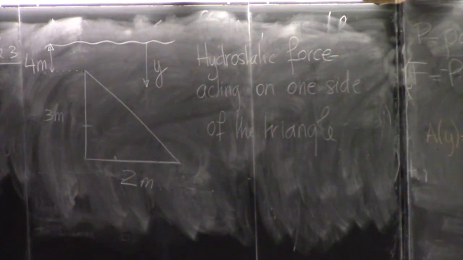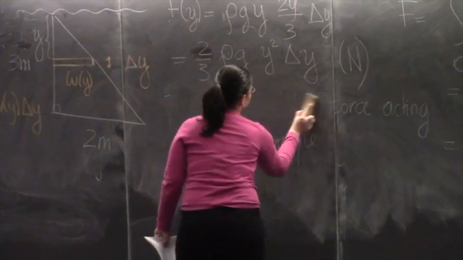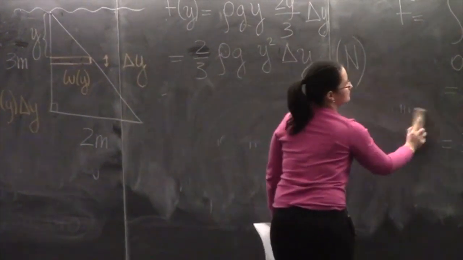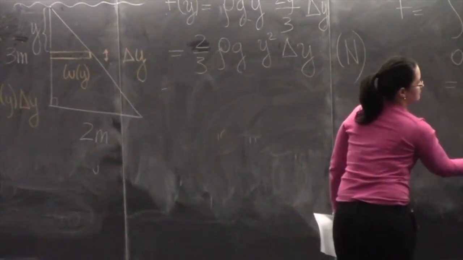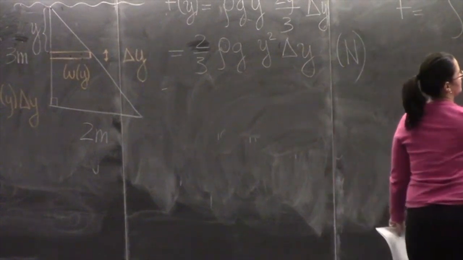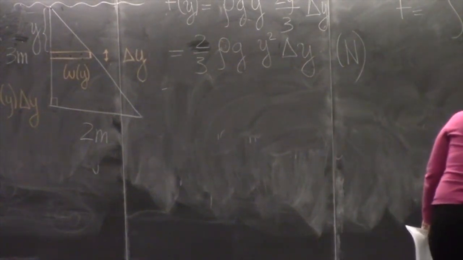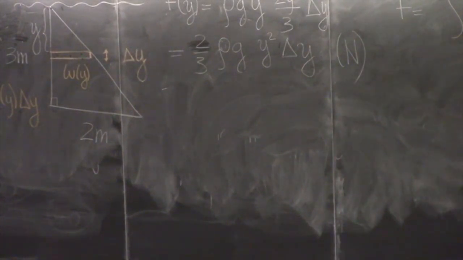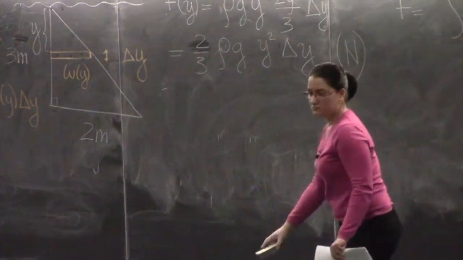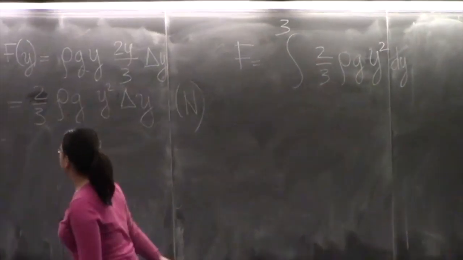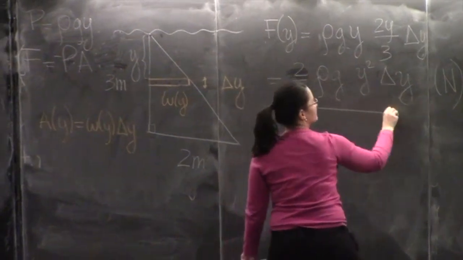So let me give some parts of the previous example on the board. I'll just keep the formula over here and erase the rest. So this is from the previous exercise.